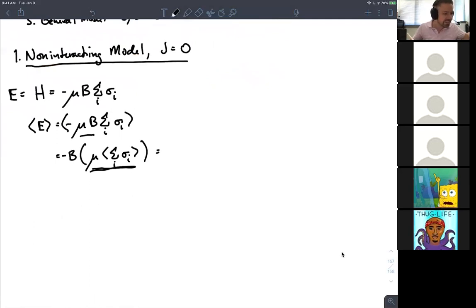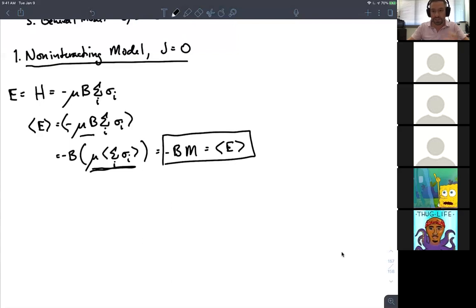So let me make sure I'm not doing anything dumb here. Okay, very good. So this is minus B times the magnetization. So in other words, once we find the magnetization, we also find the average energy, and vice versa. If we find the average energy, we also know the magnetization. Okay, so just to be super explicit, we have this relationship right here.